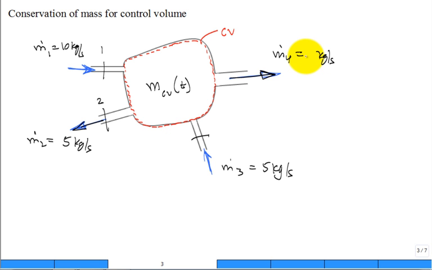We drop this one to, I don't know, let's do 8 kilograms per second outflow. Talk a little bit about the mass in the control volume as a function of time. Let's say it starts there at time 0. Is it going to stay constant? Is it going to go up with time or go down with time?